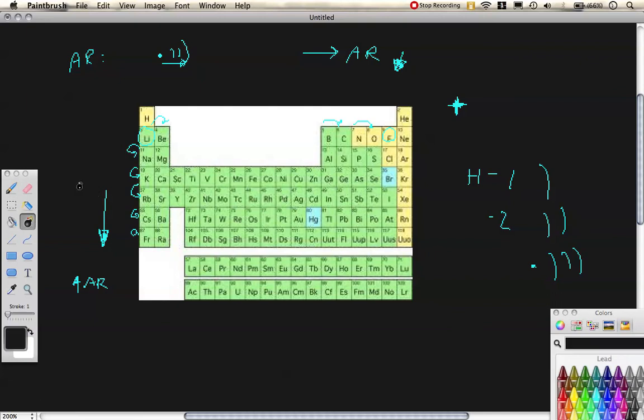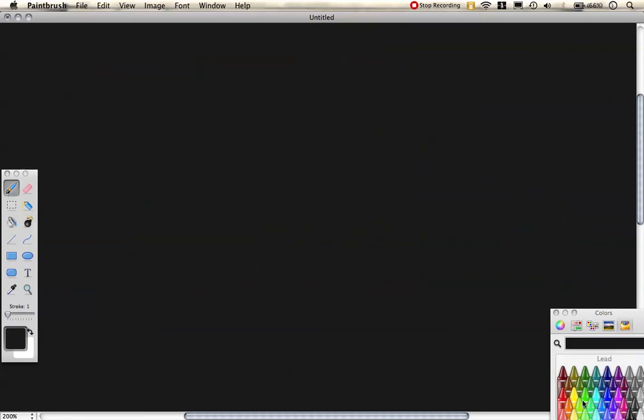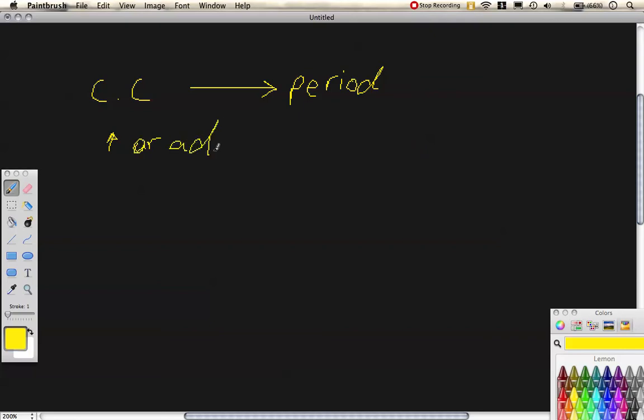Probably in closing, I would like you to remember a couple of key points, and that is basically core charge is used to describe any trend when looking across a period, and the addition of energy levels explains any trend when you're talking about down a group.